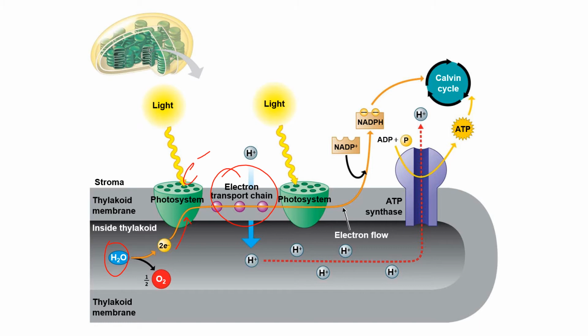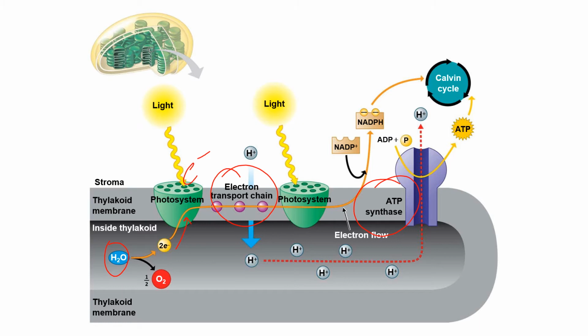Now, again, how is that going to take place? Let's go ahead and zoom in on this part right here. Notice how there is this enzyme right here known as ATP synthase.